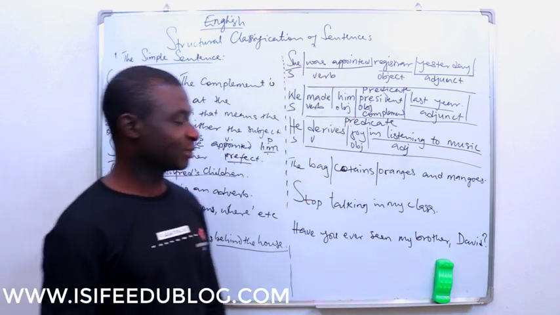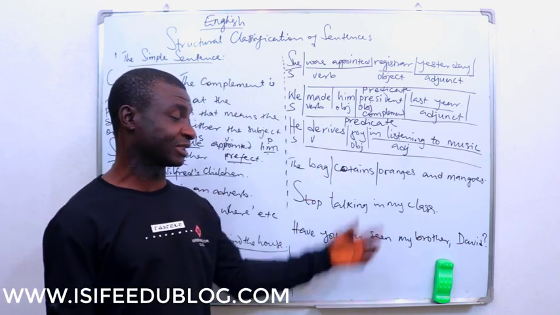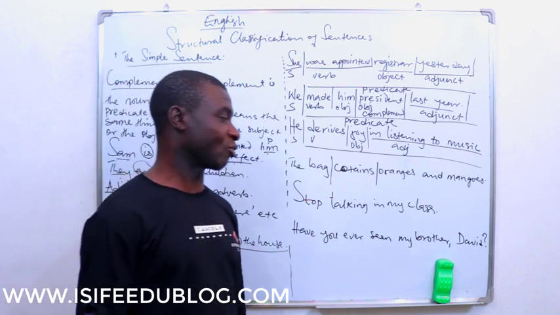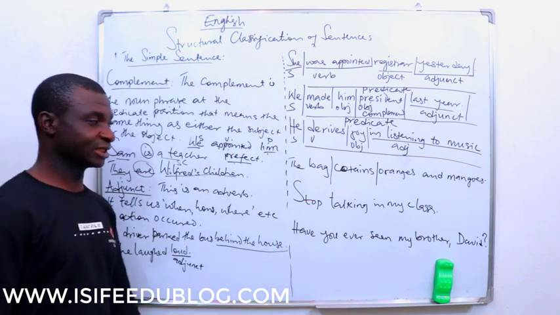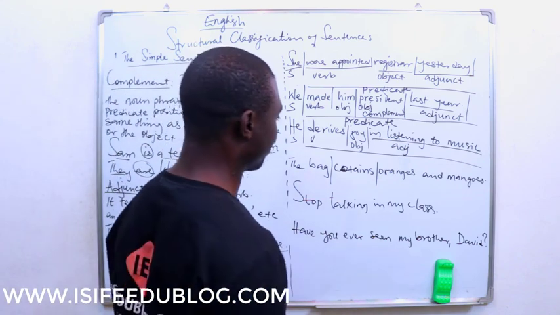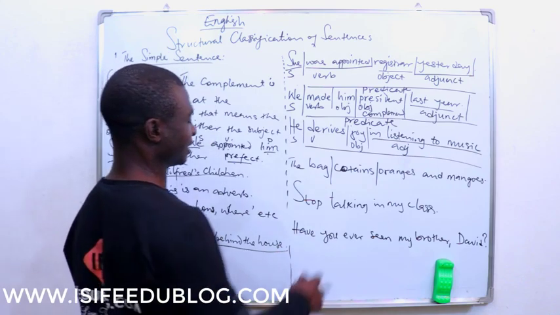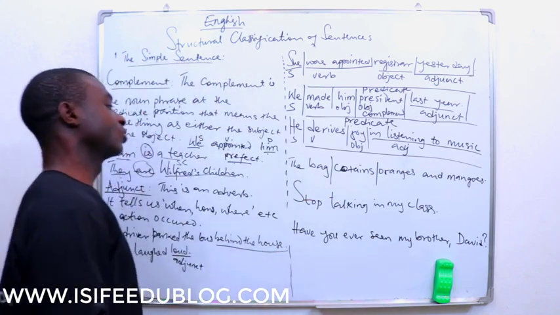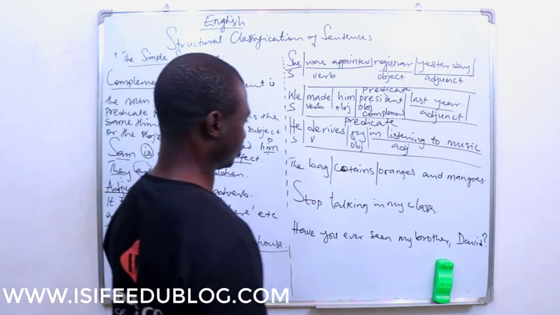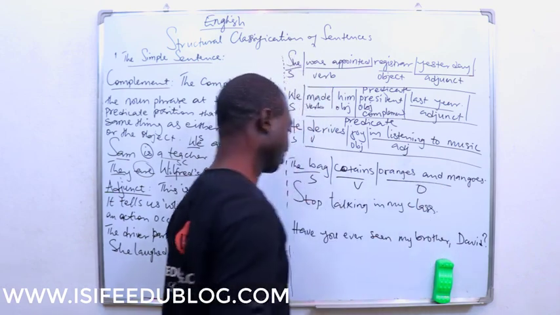Yes, don't be confused with the fact that oranges and mangoes are used here. Of course, the two of them are contained in the same bag. The noun has two, that is a compound object. So, it doesn't make any difference. It doesn't mean that the sentence is stating two things. No. So, the bag contains oranges and mangoes. Subject, verb, object.